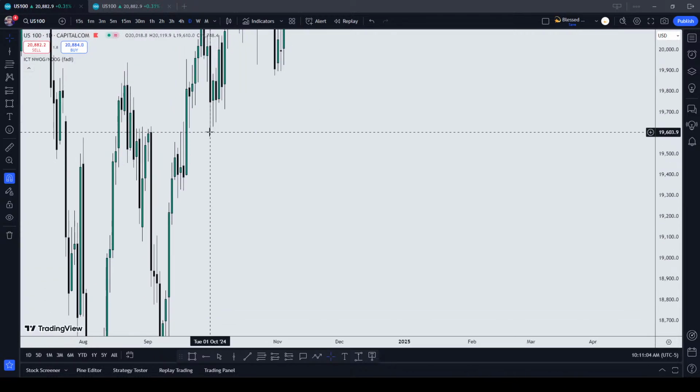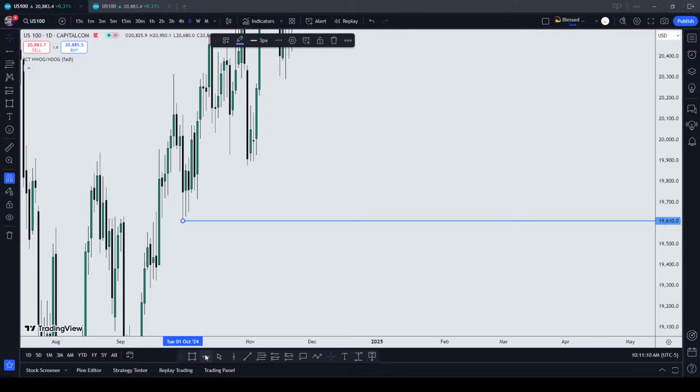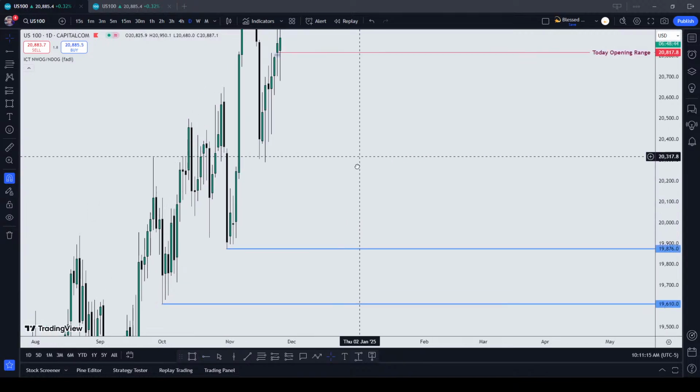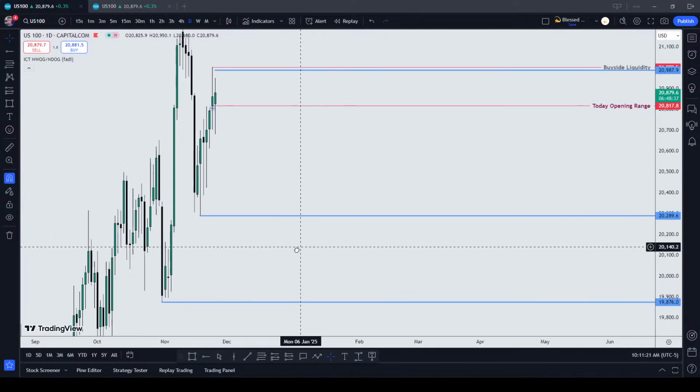This one, equal lows, sell side liquidity right here. So there are so many liquidity pools. Look at this, many liquidity pools right there. This right here too.